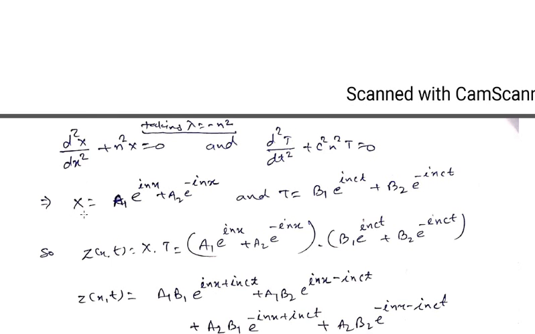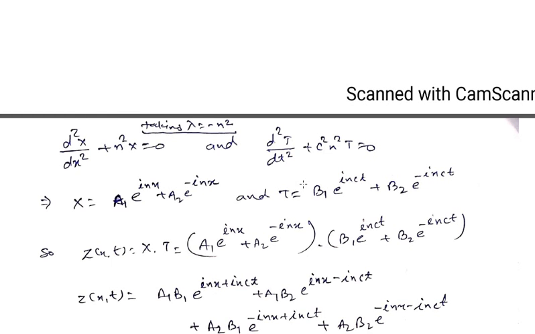We get X is equal to a1 exponential iota nx plus a2 exponential minus iota nx, as its auxiliary equation is m square plus n square, whose roots are m is equal to plus minus iota n. Similarly, from this equation we get T is equal to b1 exponential iota nct plus b2 exponential minus iota nct.